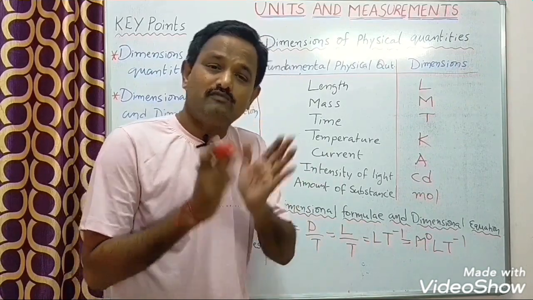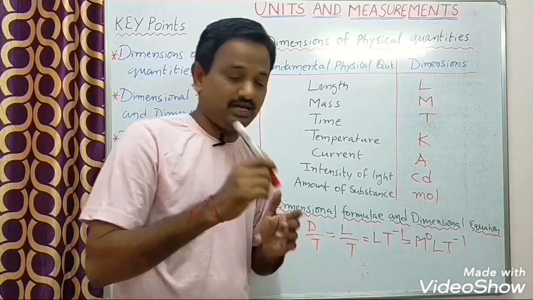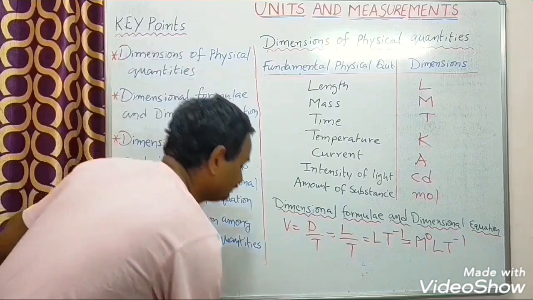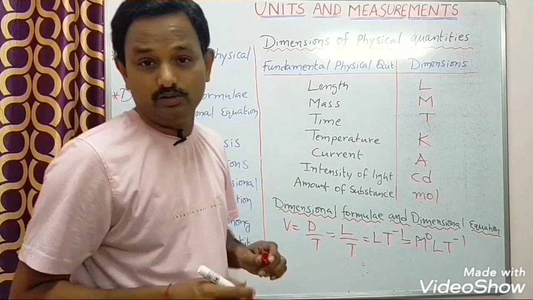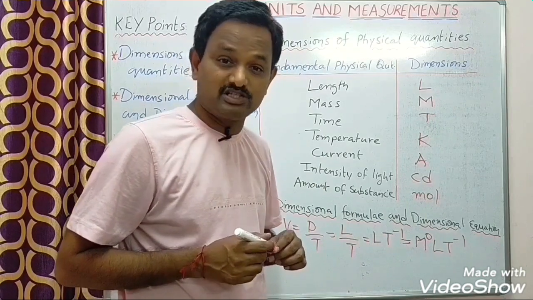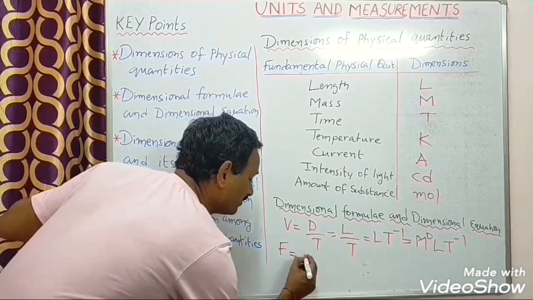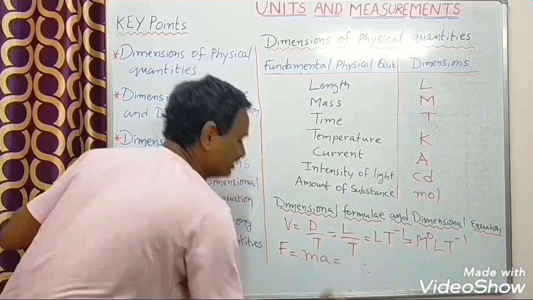Suppose I want to derive dimensions of work done. Before deriving dimensions of work done, I will derive dimensions of force. What is the formula for force? Mass into acceleration.